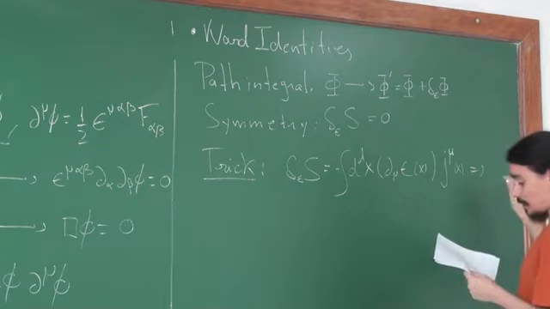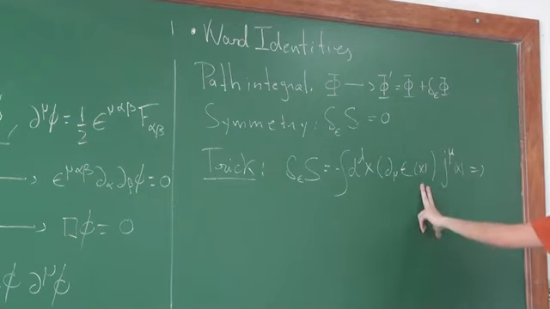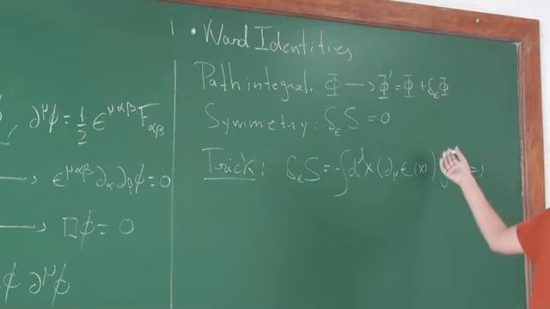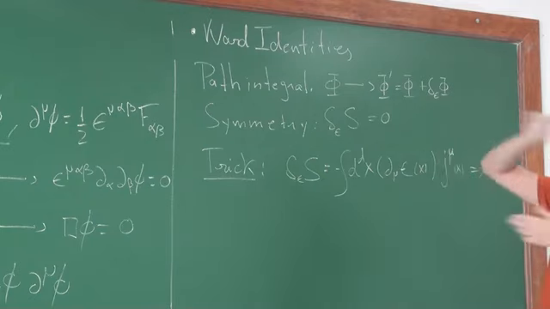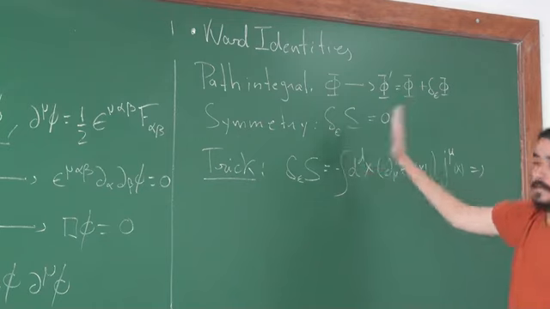And the trick is that you make this, which would be a global transformation such as translation, depend on spacetime. Then the variation of the action can only be something proportional to the derivative of this, because when you go back to the global transformation, this term vanishes and this is indeed a symmetry.